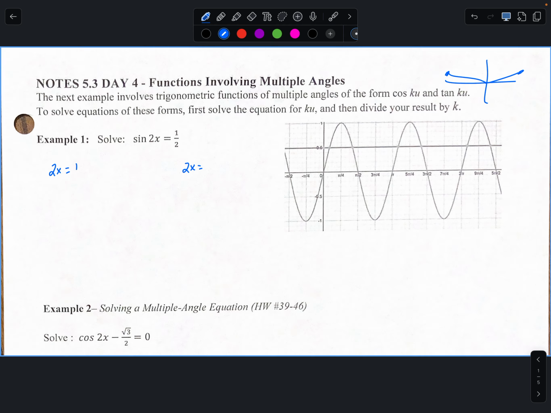And what we're going to do now is add plus 2 pi n to both of these. So that is representing all real solutions. And then we are going to divide by 2 all of that.